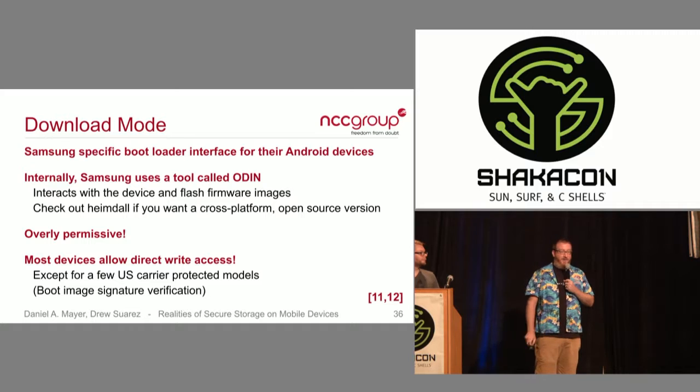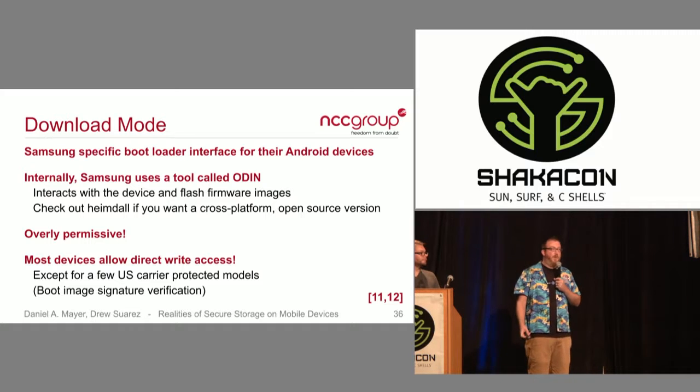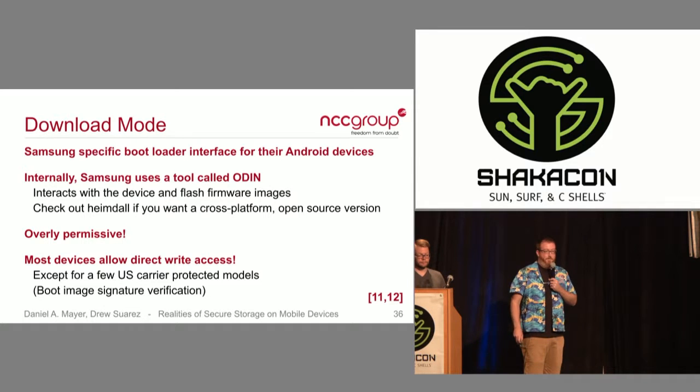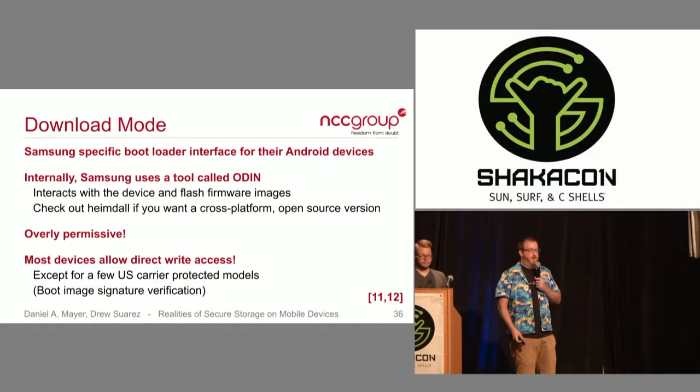But it should be fairly obvious that this is terrible. This is overly permissive. There should be no way to overwrite these partitions on a device, at least without responsibly unlocking it first. So with a few exceptions, most devices allow direct write access to the internal storage.